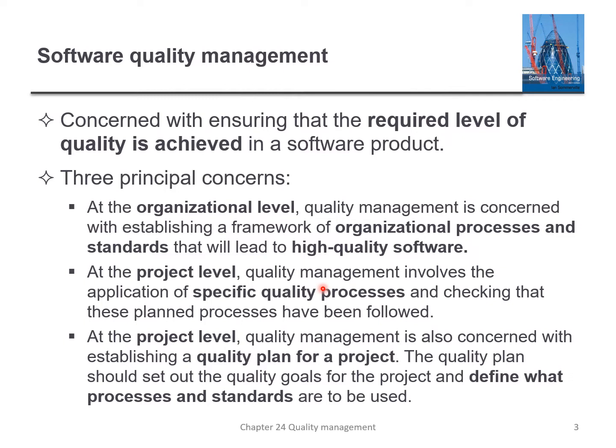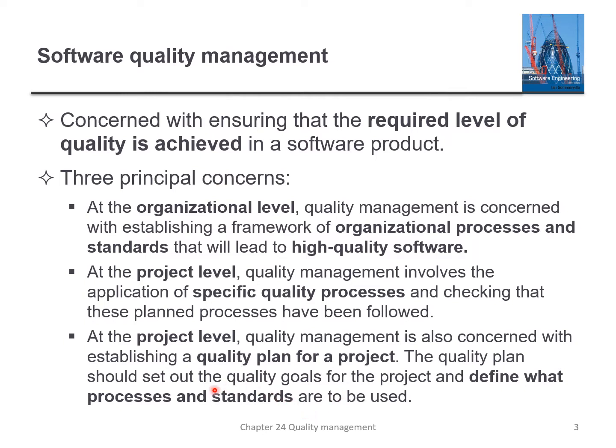All right. And normally, in order to achieve this, there should be a plan, which is called a quality plan for that particular project, where in that plan, we define the goal that the project is trying to achieve from the perspective of software quality.